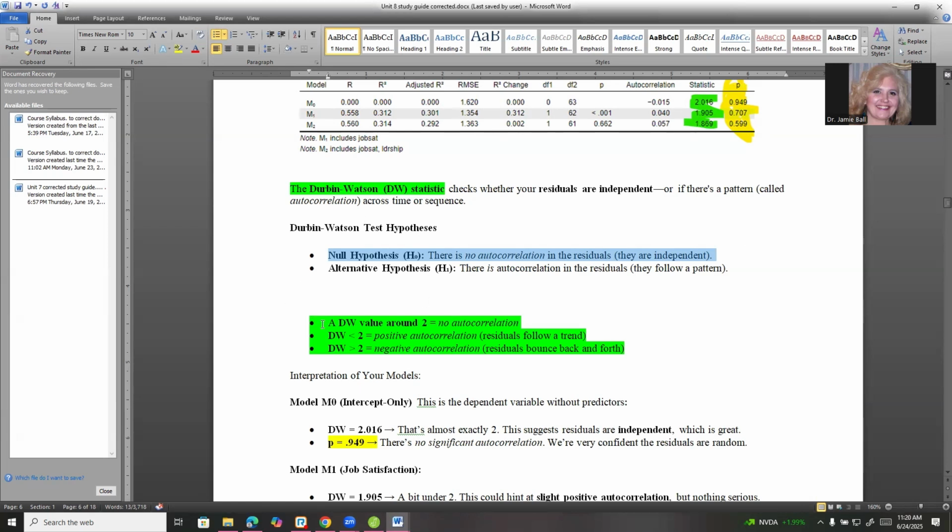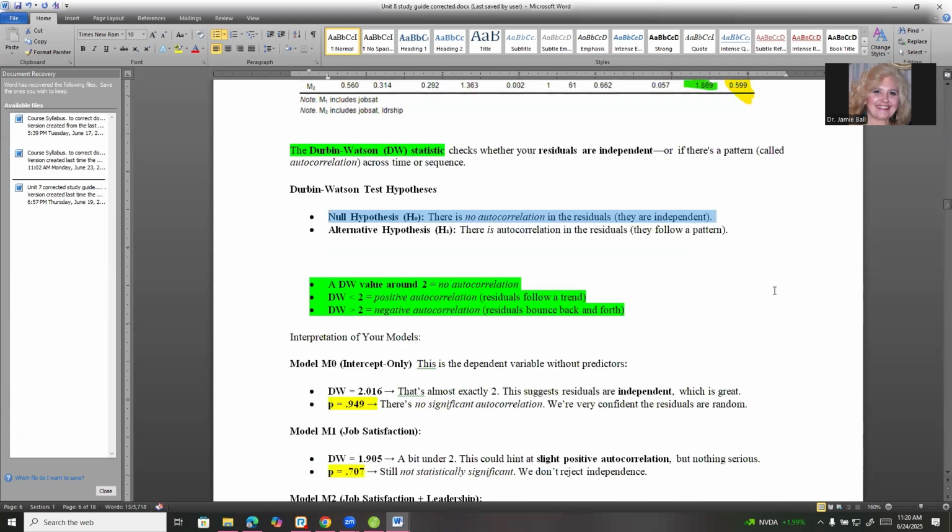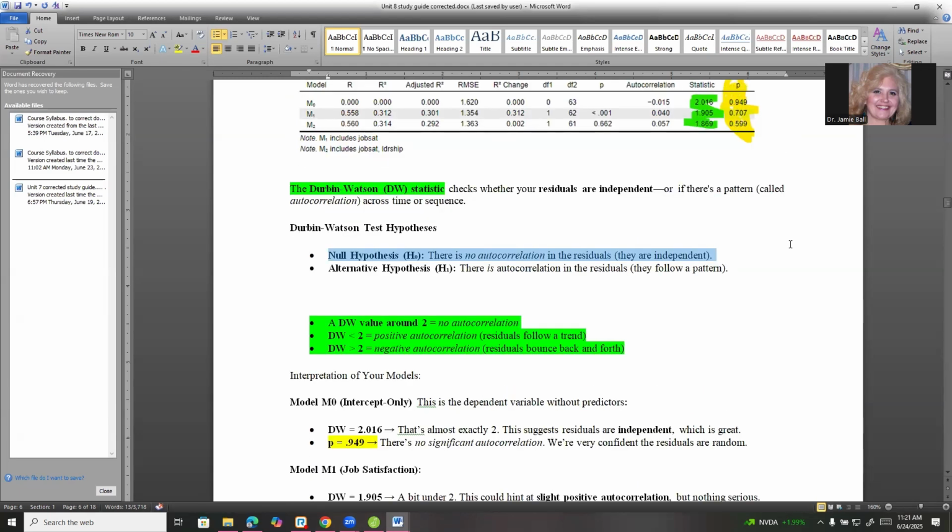So I have it written down right here. So you can look at just the DW statistic highlighted in green, or you can look at the p-value. I usually report both if it gives it to me. The p-value makes it very clear. Is there a significance? We hope to get greater than 0.05, our alpha for social sciences.